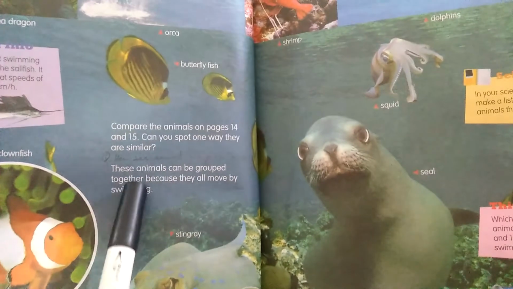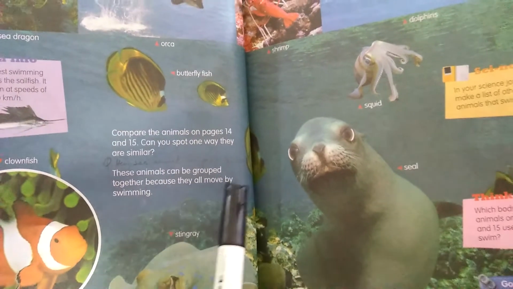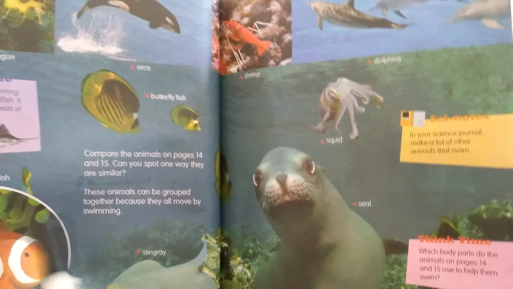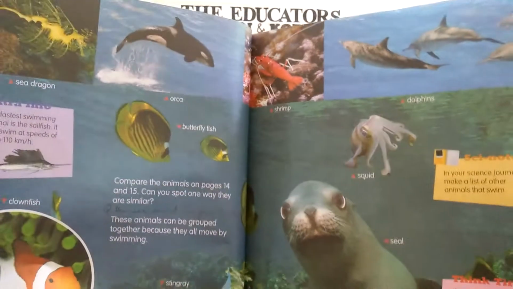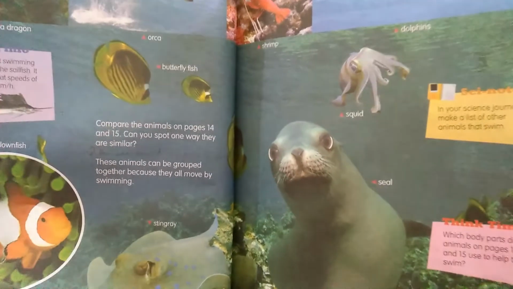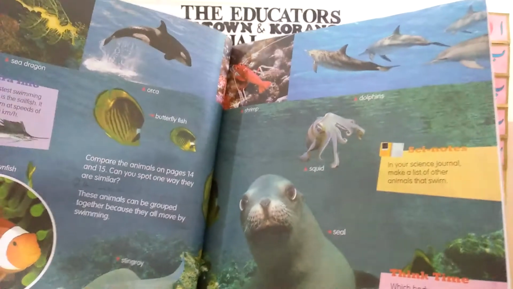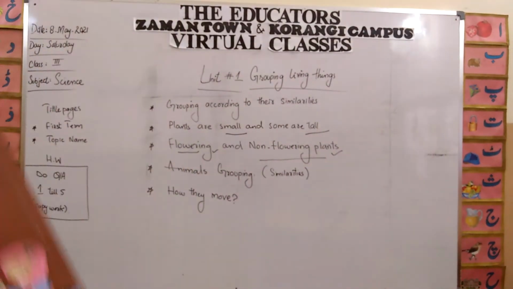Yes, these animals can be grouped together because they all move by swimming. They all live in water, as we can see in the pictures: sea dragon, orca, dolphin. Definitely they need to swim, so these animals move by swimming.